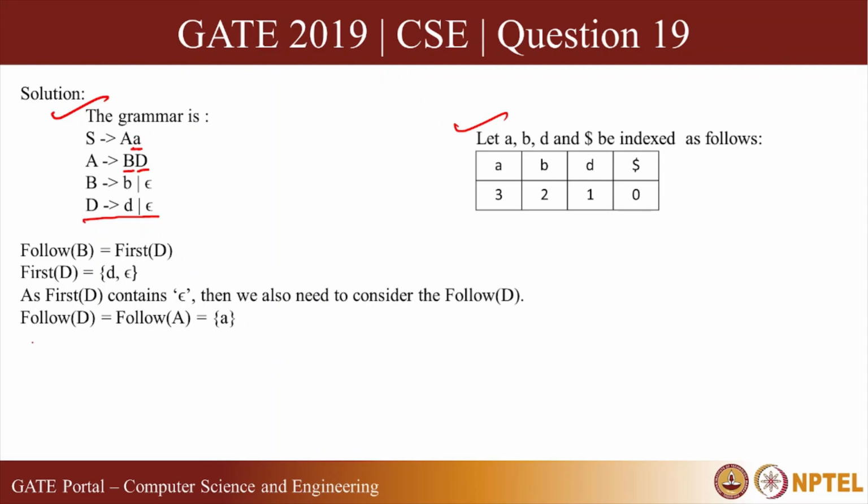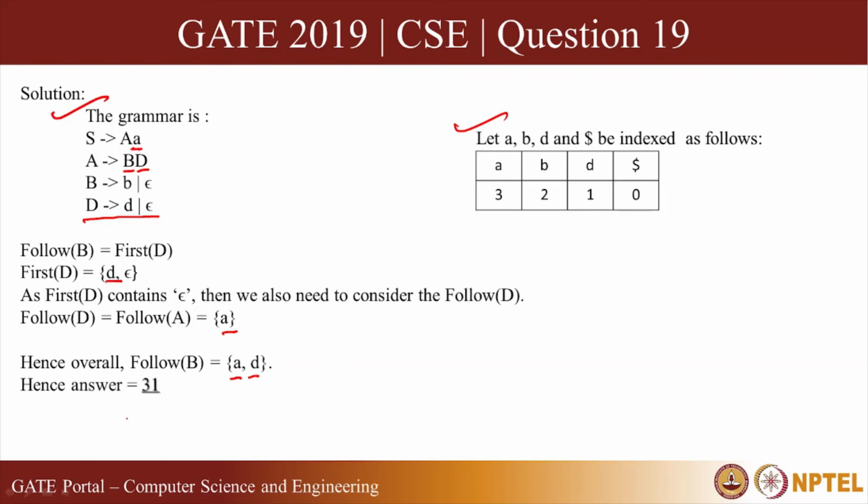Only small a, right? So follow of D means follow of capital A, and that gives the terminal small a. So overall, follow of B is giving D, and D is giving small d and null. For null, we again get small a. So overall small a and small d are in the set of follow of B.